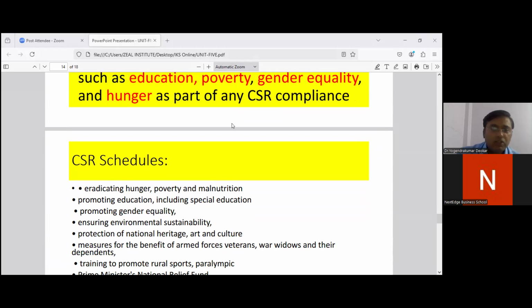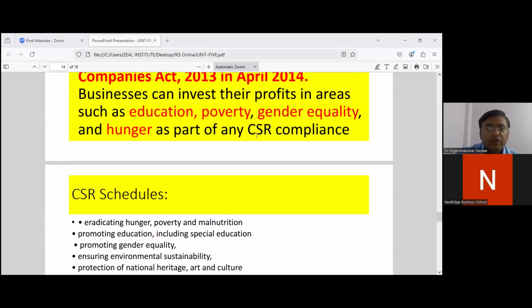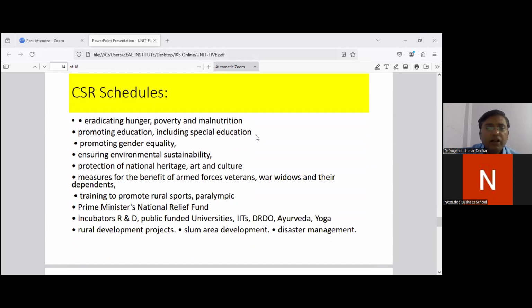So the schedules are given, the areas are already given, these 4 or 5 areas, and incubation and R&D, public funds, universities, IITs, DRDO, Ayurveda, yoga. These are the areas where you can invest that 2% of your net profit for the betterment of the society, and that is a compulsory activity, so that in the coming new India, young India, we can find fewer problems.